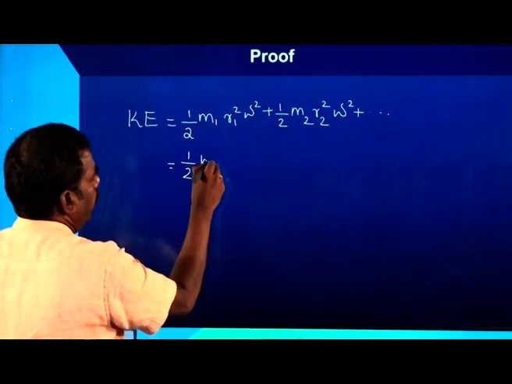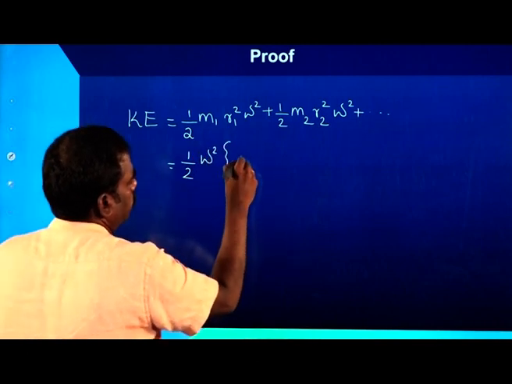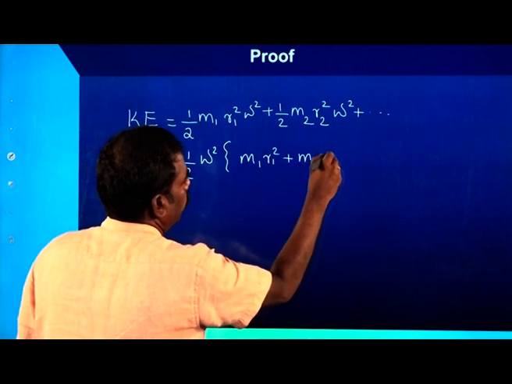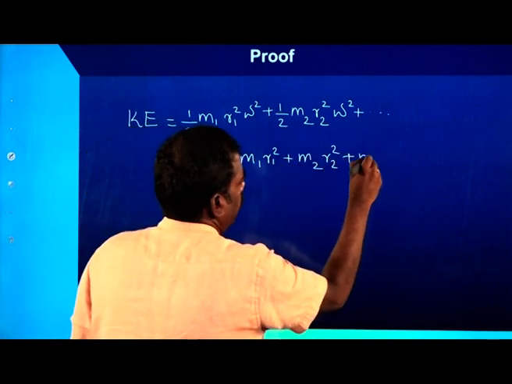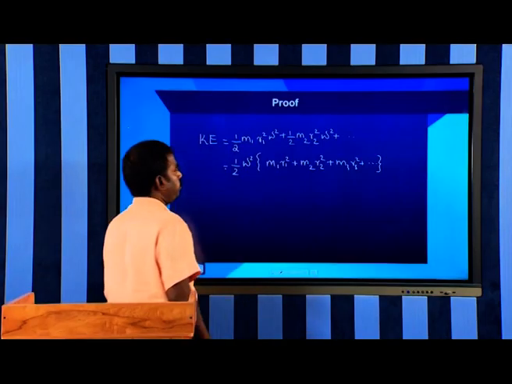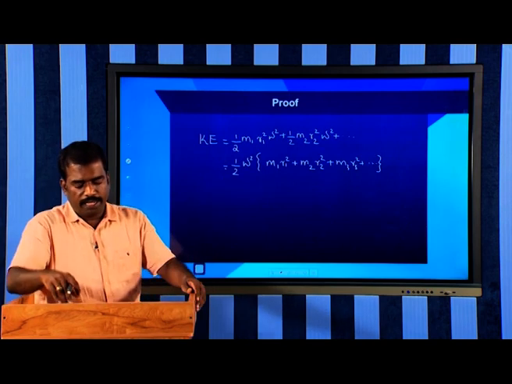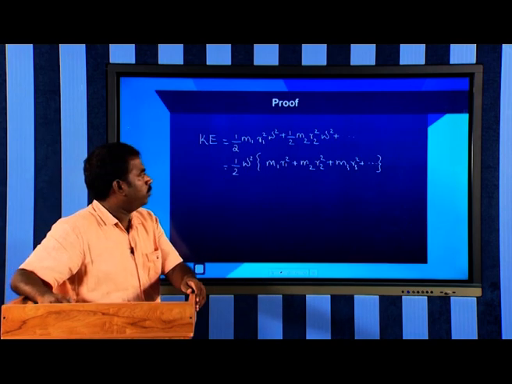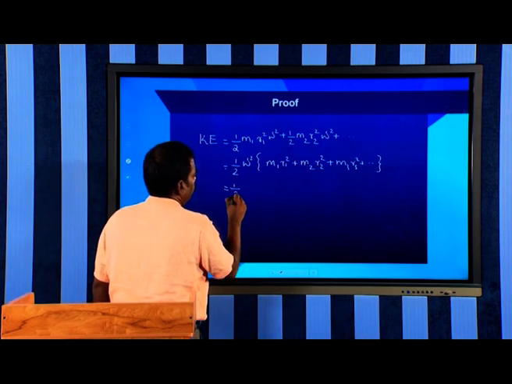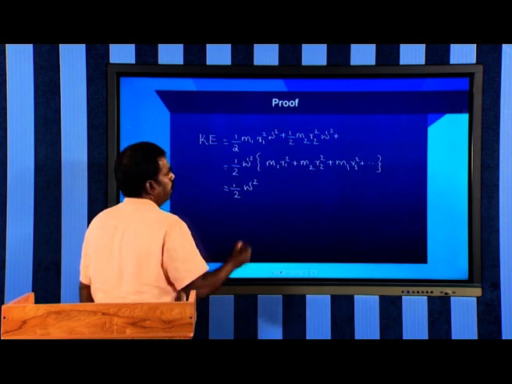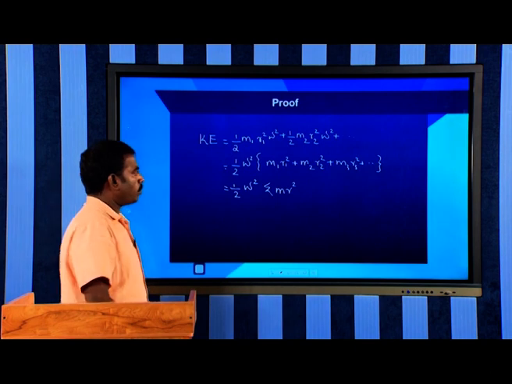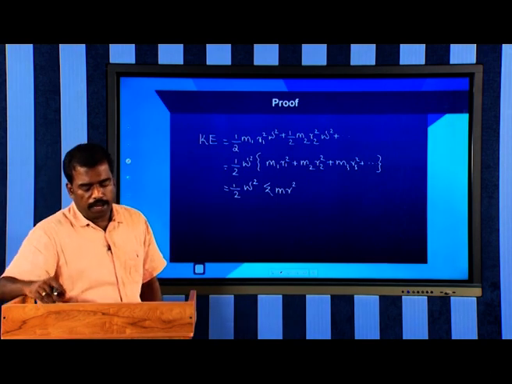So, half omega square into m1 r1 square plus m2 r2 square plus m3 r3 square plus etc., or it is given by half omega square into sigma m r square, i equal to 1 to n.